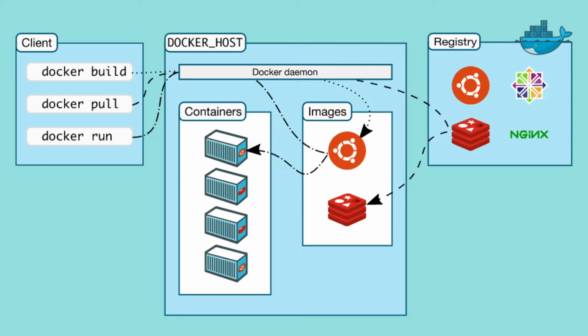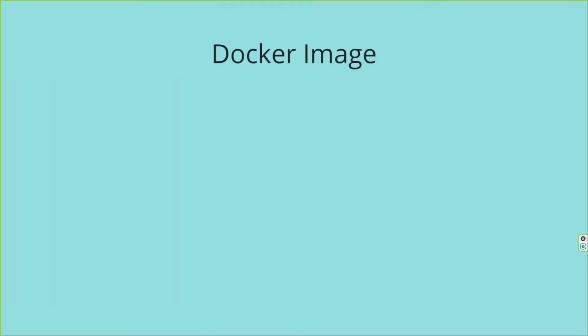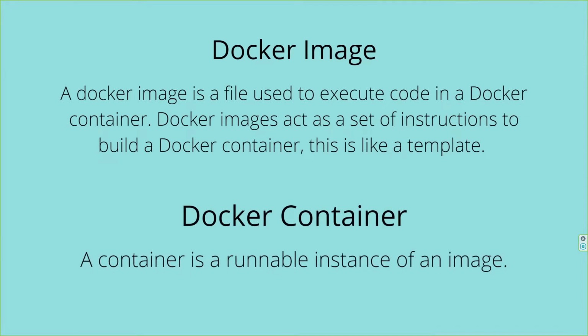So what is a registry? Before talking about the registry, let's talk about what images and containers are. A Docker image is a file used to execute code in a Docker container. A Docker image acts as a set of instructions to build a Docker container. This is like a template. So here you can understand what is going on. The image is a template for creating a Docker container. So what is a Docker container?